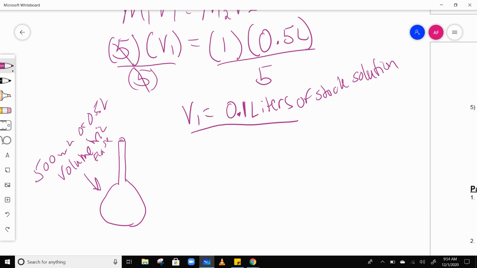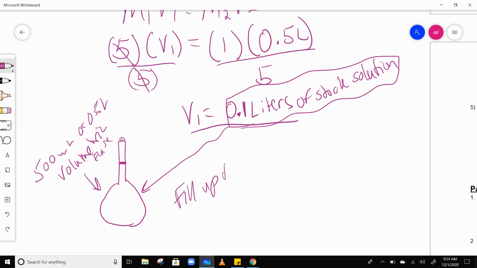We take this 0.1 liters of stock solution, put it into this volumetric flask, and then fill the rest of it up to 0.5 liters or 500 milliliters with distilled water. Distilled or deionized water, same kind of idea.